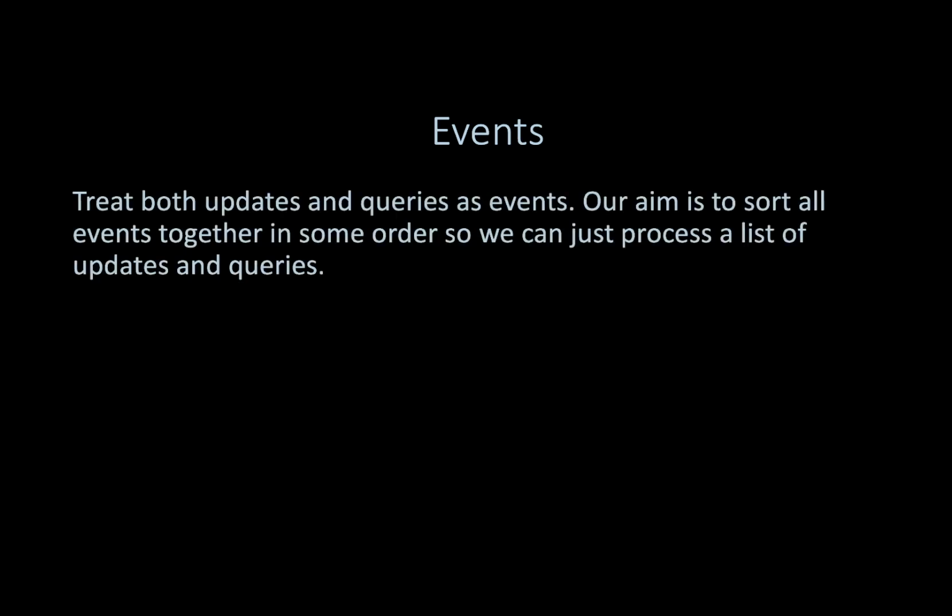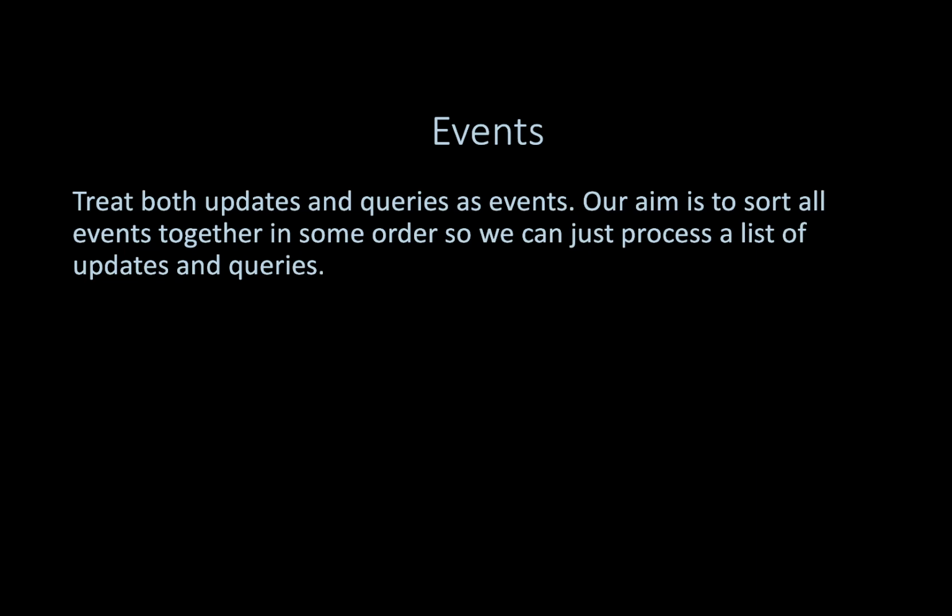I'm trying to find an ordering of those updates and queries such that I can just transform it directly to what we wanted previously, where we had the data structure where we just made a sequence of queries and updates. And so what we want to do is treat both updates and queries as different types of events, but we kind of want to sort both the queries and the updates together.